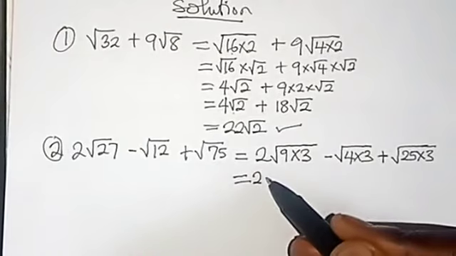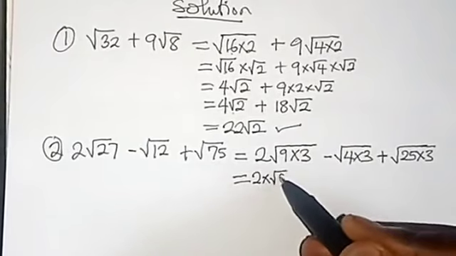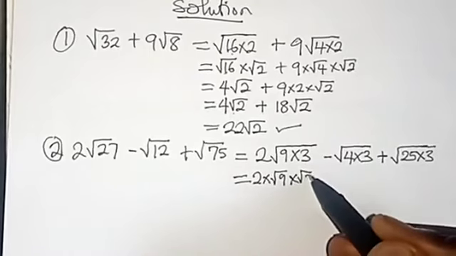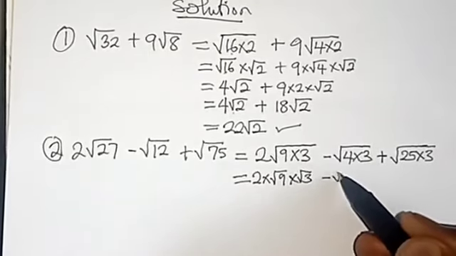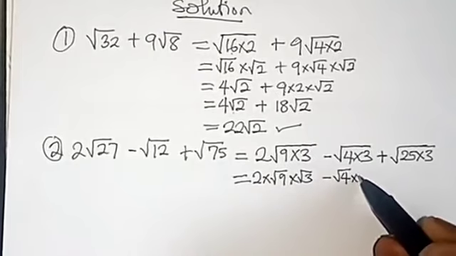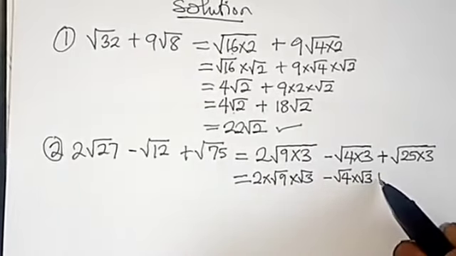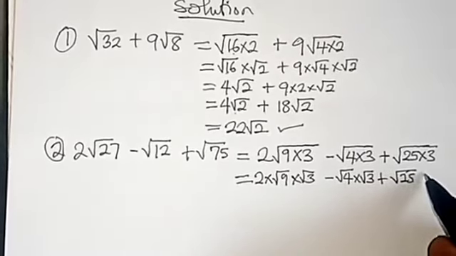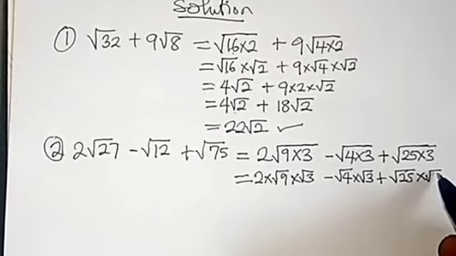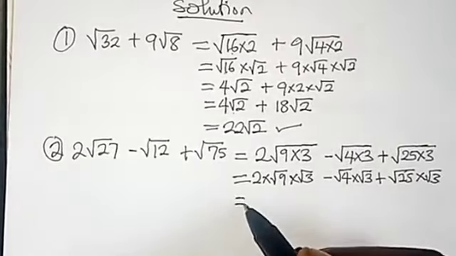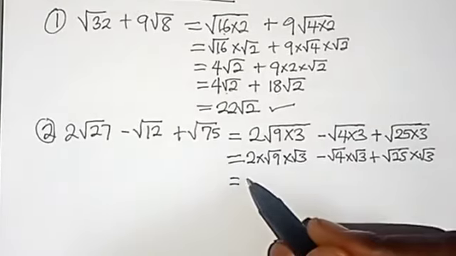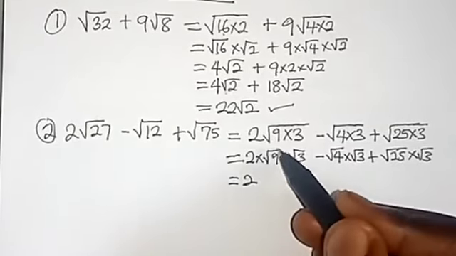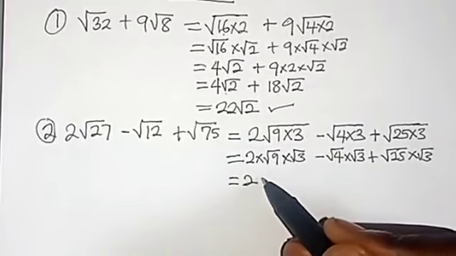2 multiplied by square root of 9 times square root of 3 minus square root of 4 times square root of 3 plus square root of 25 times square root of 3, which is equal to, now I'll keep my 2. Square root of 9 will give me 3.